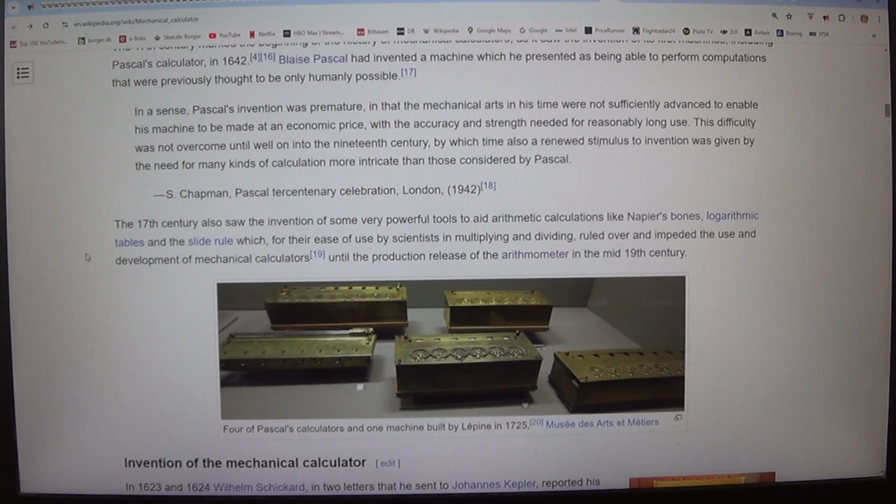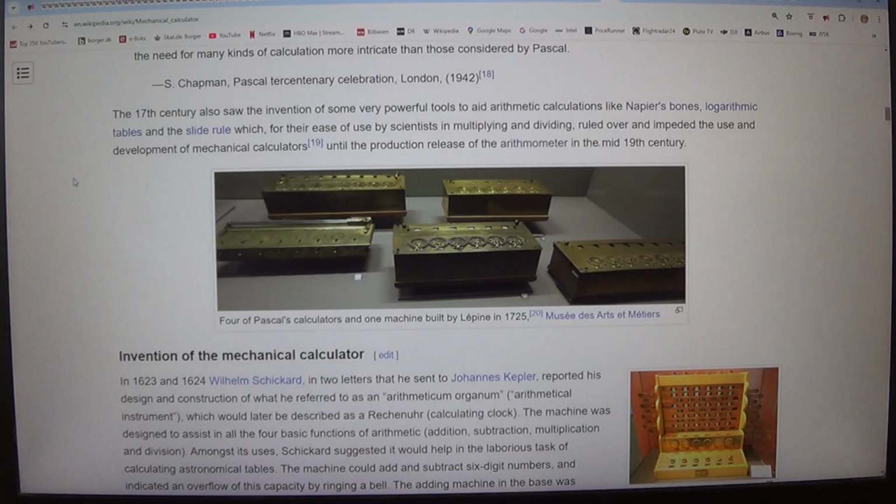This difficulty was not overcome until well on into the 19th century, by which time also a renewed stimulus to invention was given by the need for many kinds of calculation more intricate than those considered by Pascal. S. Chapman, Pascal Tercentenary Celebration, London, 1942.